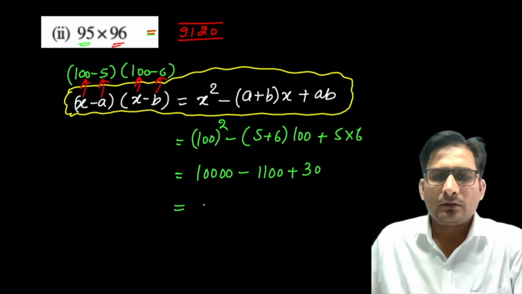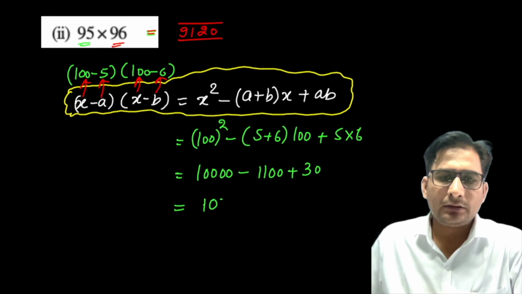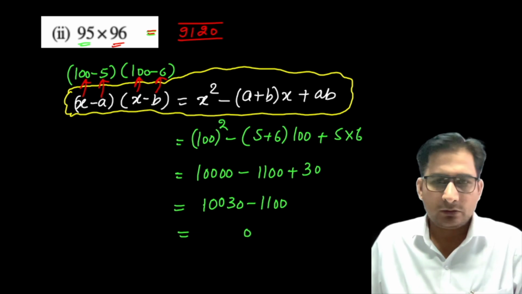Okay, now it comes out to be 10030 minus 1100, and if you subtract it, it comes out to be 3.